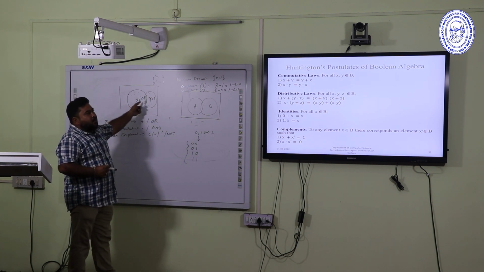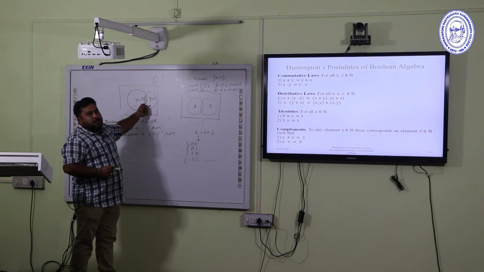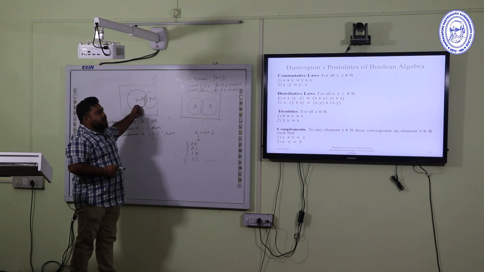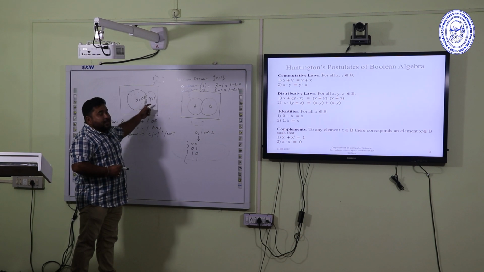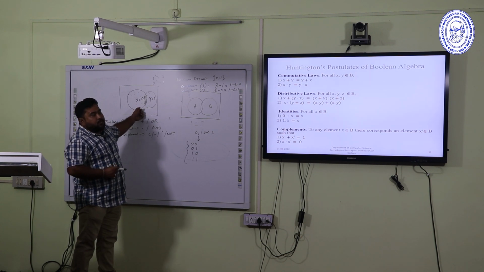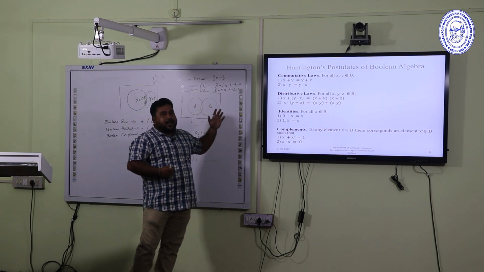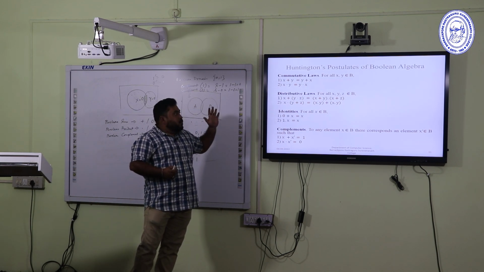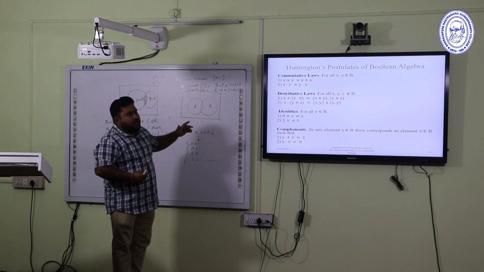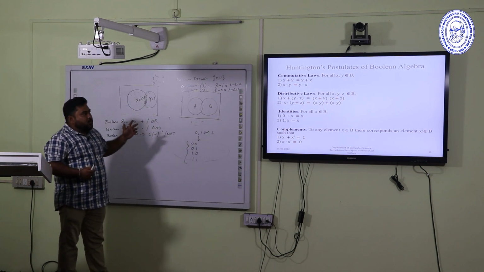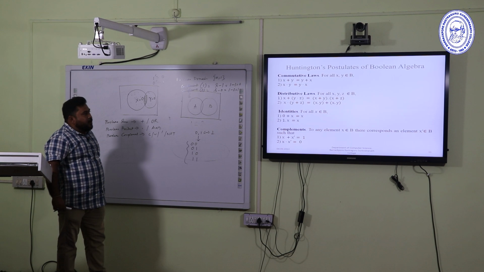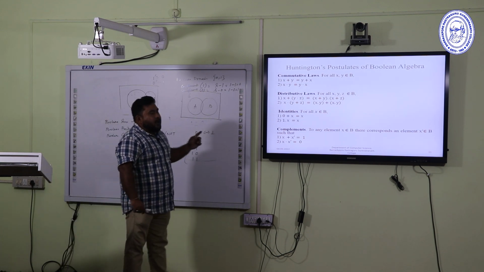X is a set and y is another set. If we take the union of these two sets, that is x plus y, that is equivalent to y plus x too. In the same way, x dot y, that is the Boolean intersection, is equal to y dot x, that is the y intersection x. This is the first law of Huntington's postulates.